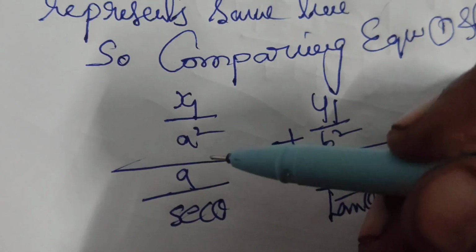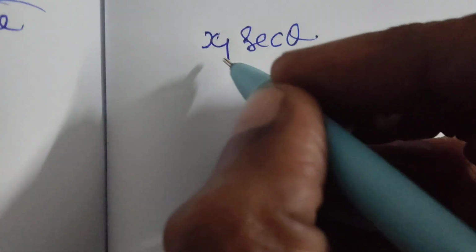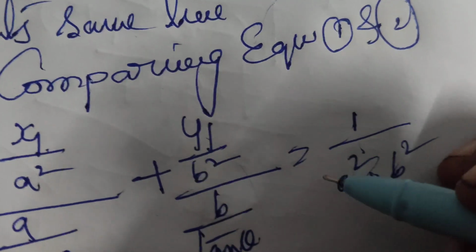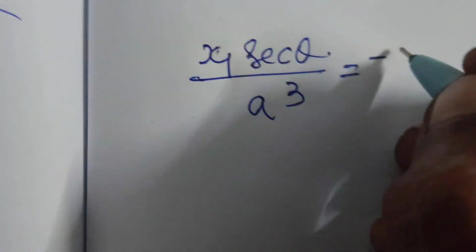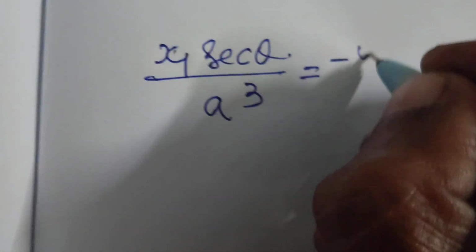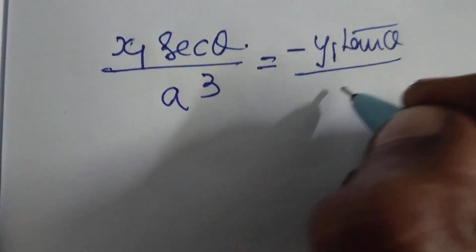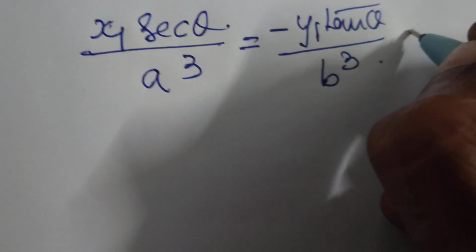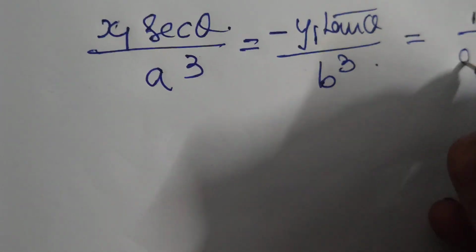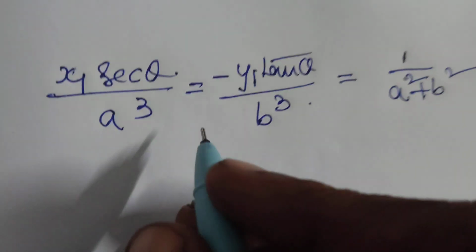Next, we write x1 secant theta by a cube equals this value, that is the RHS, and y1 tan theta by b cube equals, minus, 1 by a square plus b square.